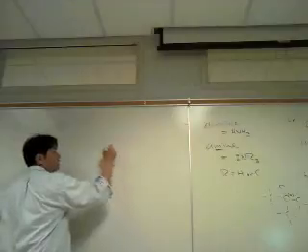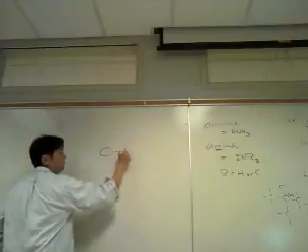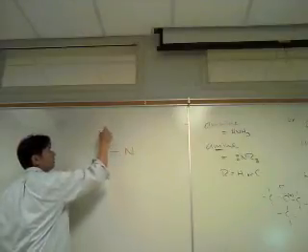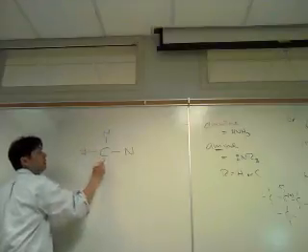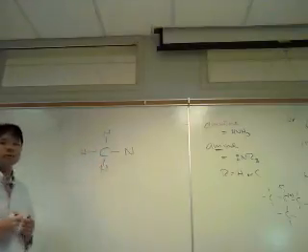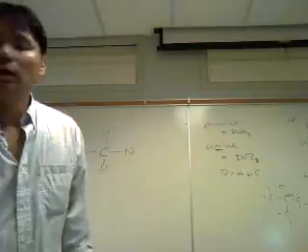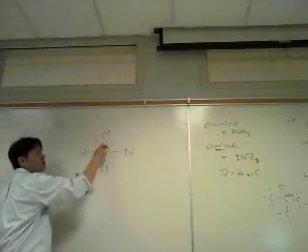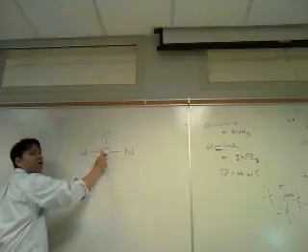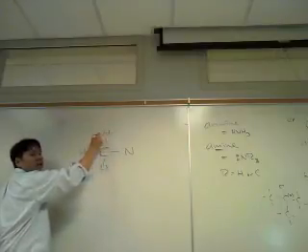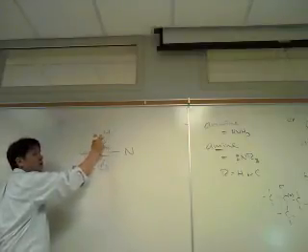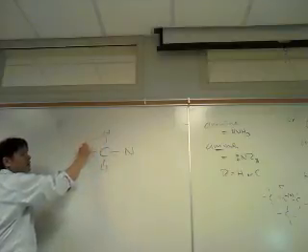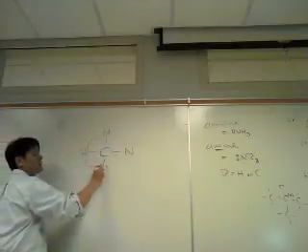With oxidation state, it's winner takes all. You assume the bonding is 100% ionic. If there's a tug of war for these two electrons, carbon versus hydrogen, who's stronger? Carbon. Carbon wins all, so carbon just won those two electrons. Carbon versus hydrogen? Same thing. Carbon versus hydrogen? Same thing.